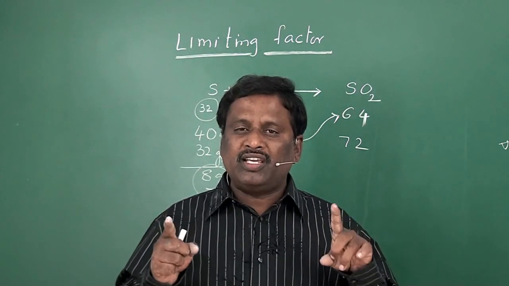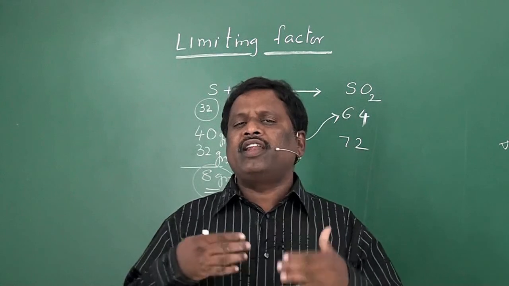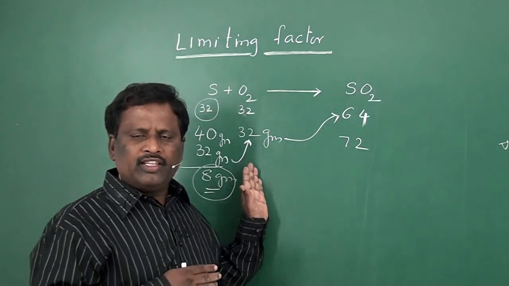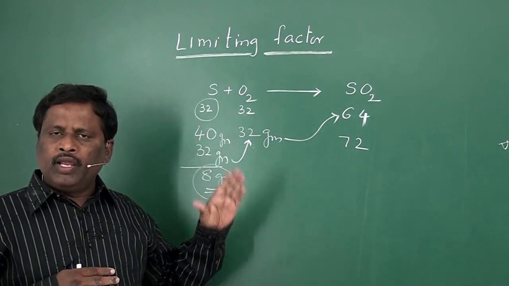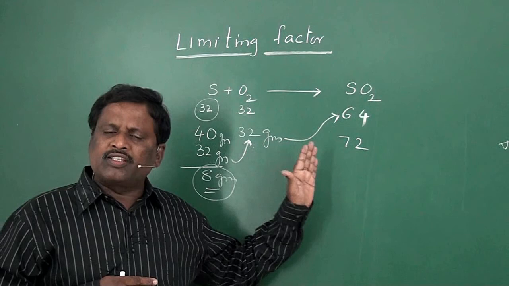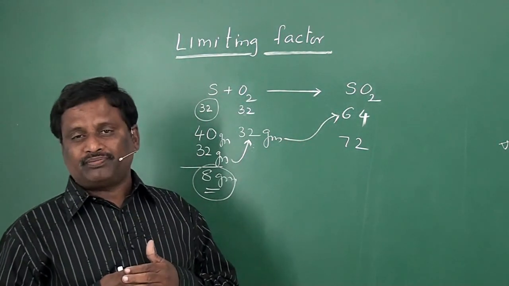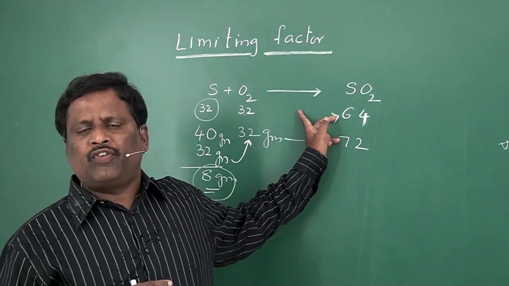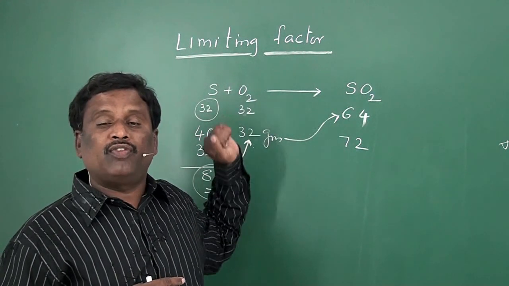Suppose you have taken one substance in excess of its ratio, then what happens? For example, here we have taken 40 grams of sulfur and allowed it to react only in the presence of 32 grams of oxygen. According to this stoichiometric proportion, 32 units of oxygen react with 32 units of sulfur.